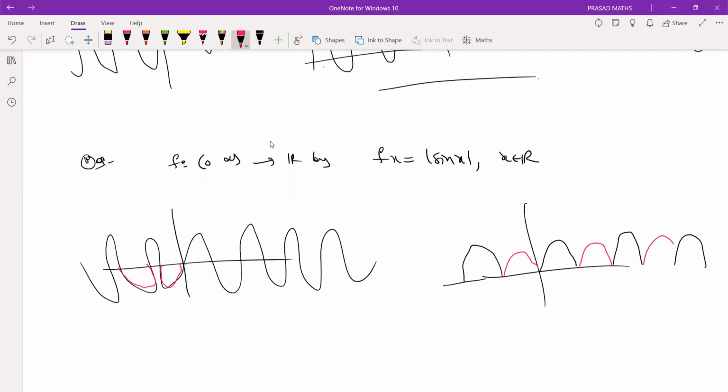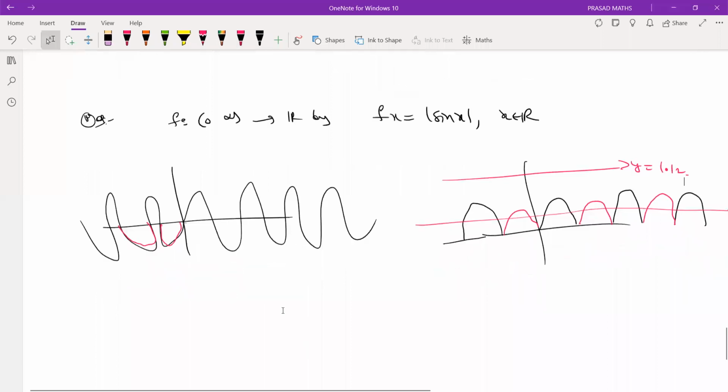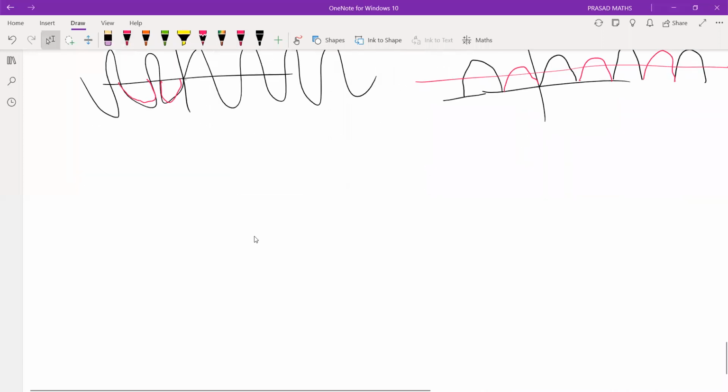Therefore, it's not a one-one function. Similarly, not an onto function because there is no preimage for 1.2. So it is neither one-one nor onto, hence not a bijection. This is what is actually meant by bijections.